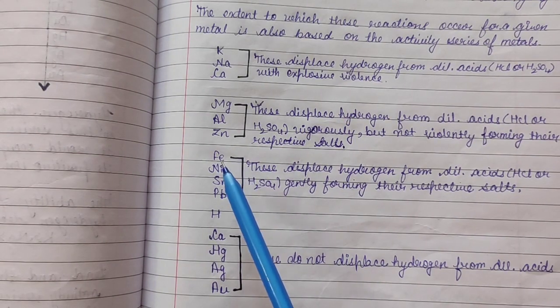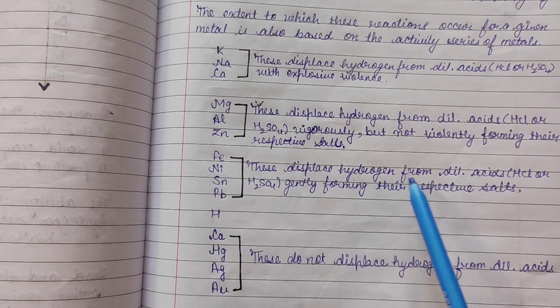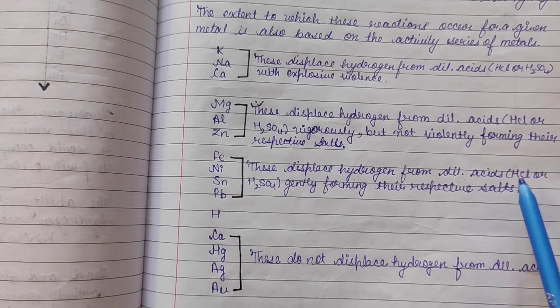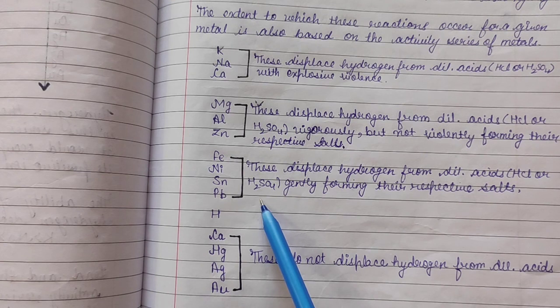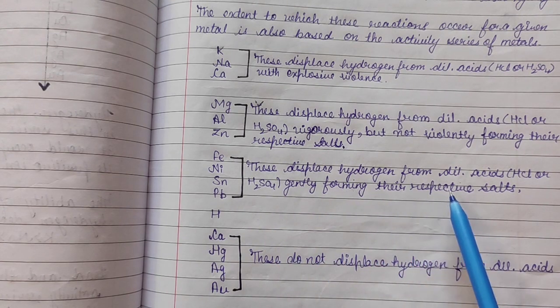Similarly, iron, nickel, tin, lead displace hydrogen from dilute acids, HCl or H2SO4, gently forming their respective salts.